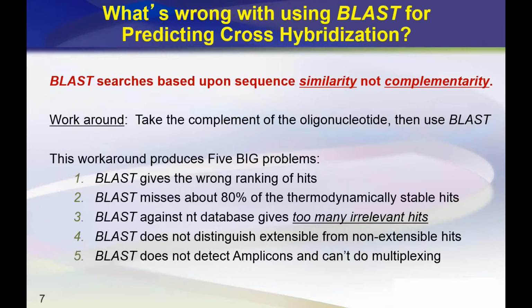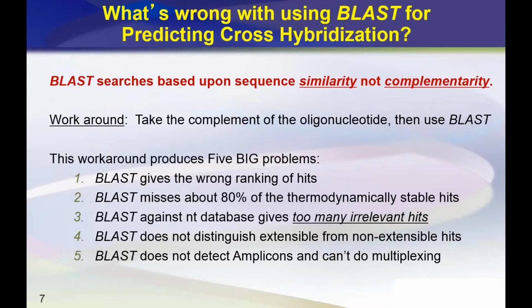Another problem with BLAST for determining cross-hybridization is that if you BLAST an oligonucleotide against a large database like NT, you actually get too many irrelevant hits. For example, if you were trying to design a primer against the human genome, humans are mammals, and so that primer would be likely to hit other mammals like the horse genome or the pig genome or the cow genome.